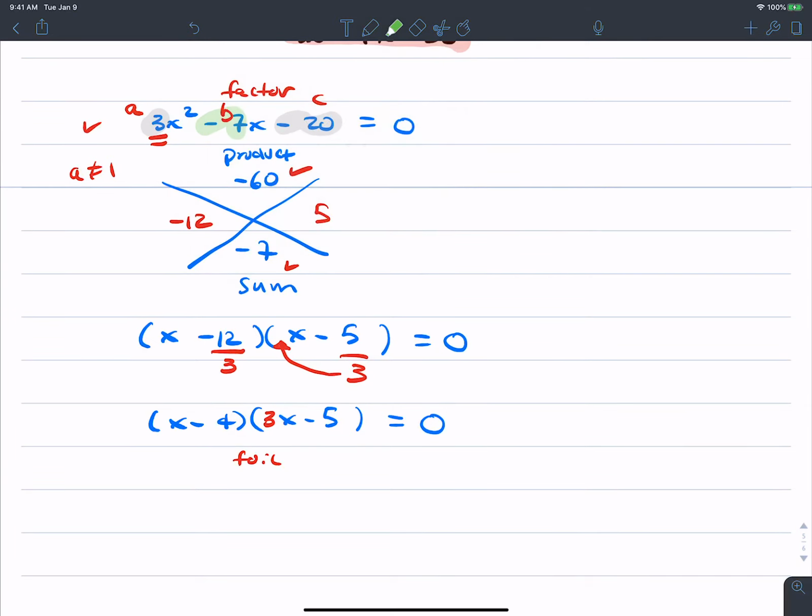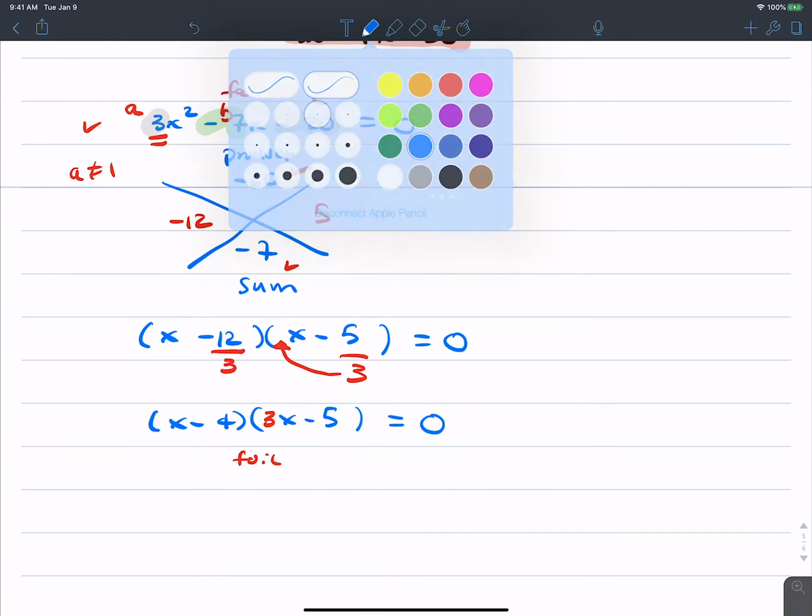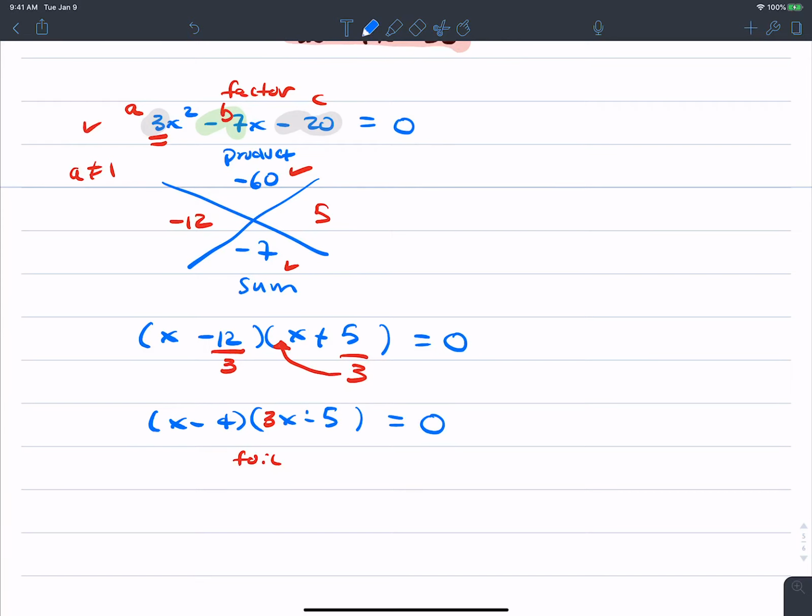So let's wake up here. Let's make sure the coffee's in us. This is plus, and this is plus here. So remember here, we use a positive 5 over here, positive 5. And we use a negative 12 over here, because this value is negative 12. Okay, it looks like we're good now. So it's always good to double check by using your FOIL here.